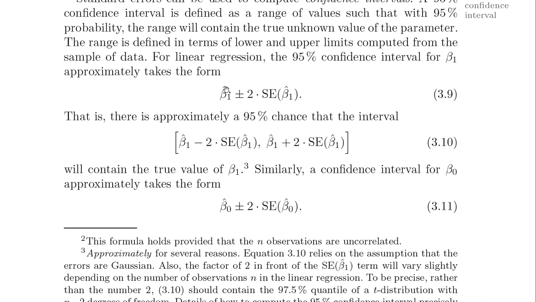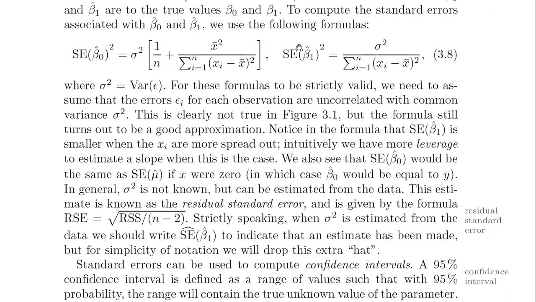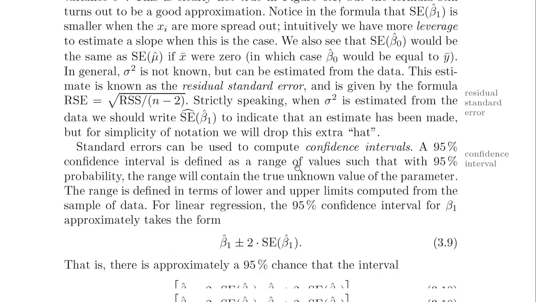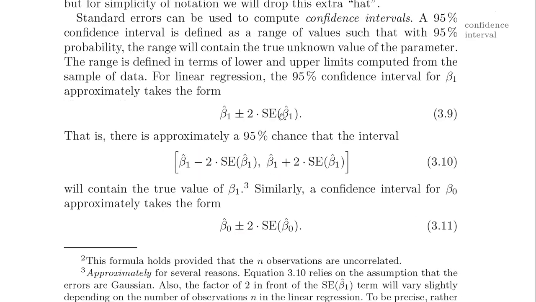Take your beta 1 hat and to the left and to the right, plus or minus 2 times standard error of beta 1 hat. So you've calculated your standard error of beta 1 hat, square root it, just get rid of this square, multiply it by 2, and that's given you the confidence interval.